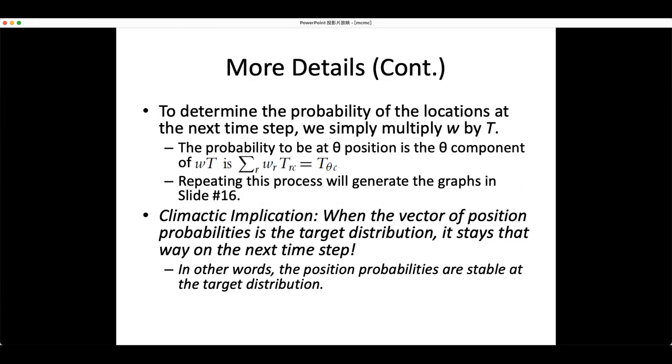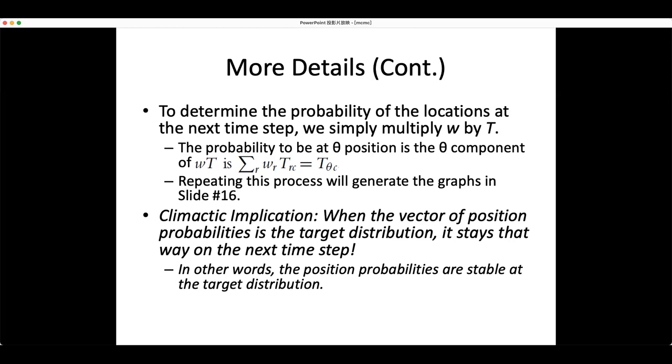So the probability of the location at the next time is going to be W times T. Okay, so I already talked about this. Repeating this process will generate the graphs in slide number 16. I already told you that.